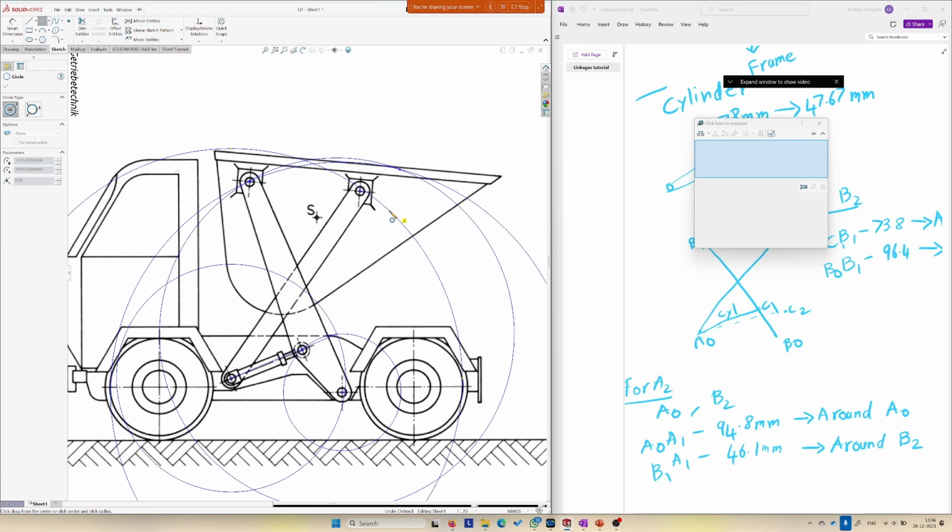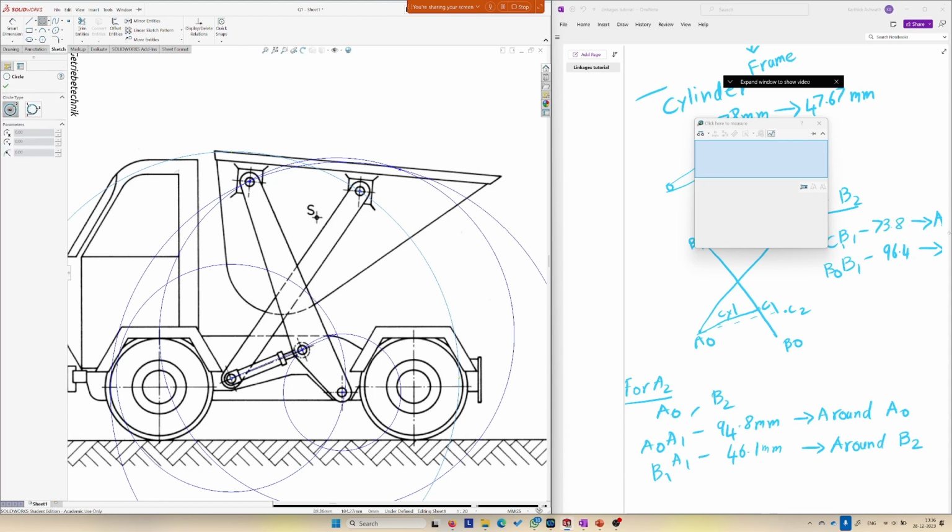Why is it not? 94.8. Okay, so basically like that. So this circle is passing through the A1 point and it will pass through the A2 point as well. Right. Now we need one more circle from B1 A1. No, from B2. B1 A1 we measure the distance and we make it around B2.